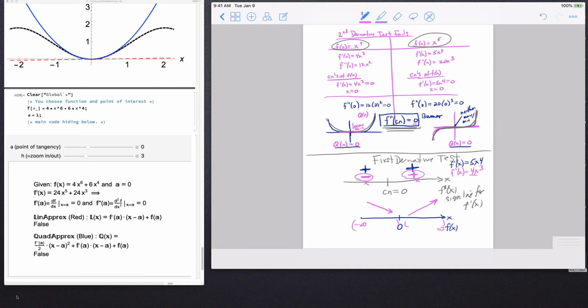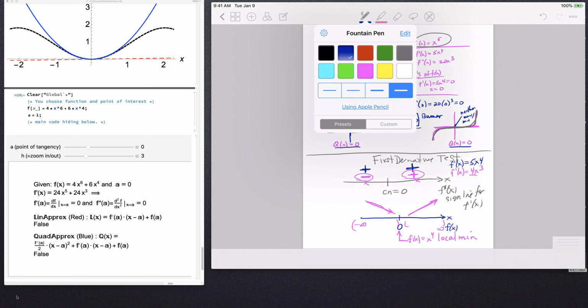And the fact that the function goes from decreasing to increasing means that f of x equals x to the fourth has a local minimum at x equals 0, because the first derivative changed sign from negative to positive. So we went from decreasing to increasing.